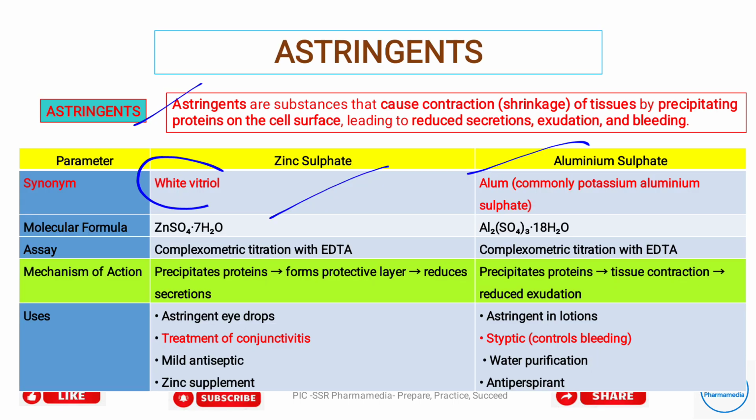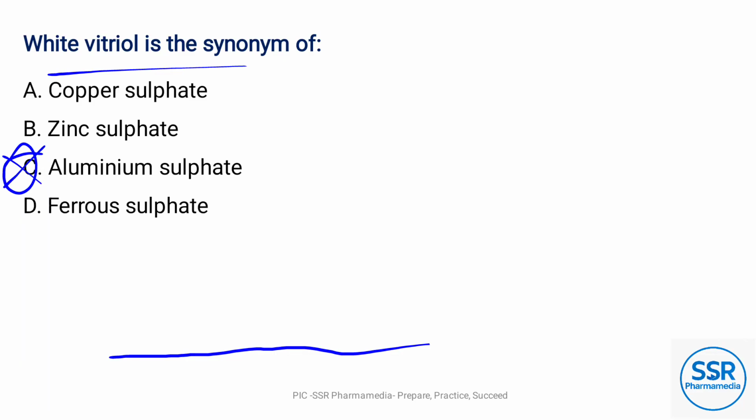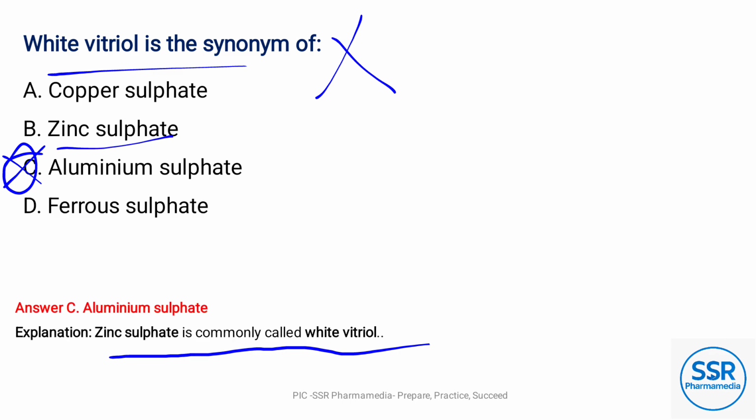White vitriol is zinc sulfate, so here the question is wrong, as there is no such option. Zinc sulfate is the answer. So this option is wrong.